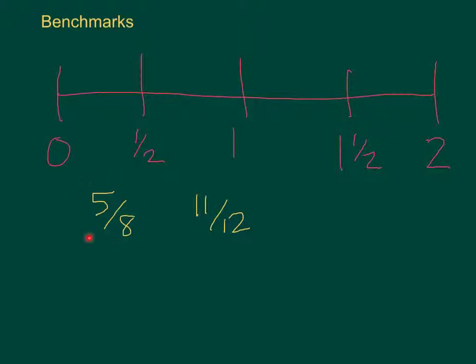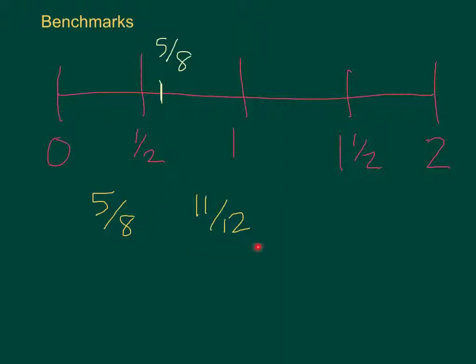So 5/8 is pretty close to a half, but a little bit bigger. So my 5/8 would not fall in the area from 0 to 1/2, because that is less than 1/2. It's not greater than 1, but it's bigger than 1/2, so it's going to fall in this area. Because it's just slightly bigger than 1/2, it's going to fall pretty close to the 1/2 mark. That's where I would place my 5/8.